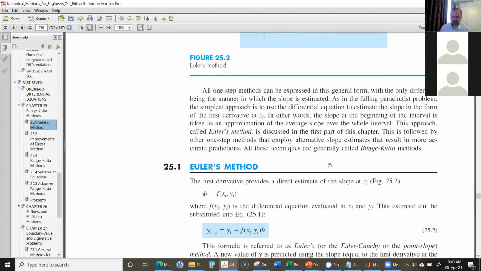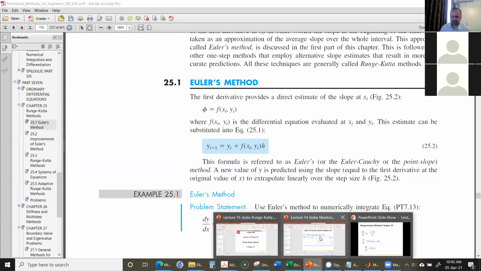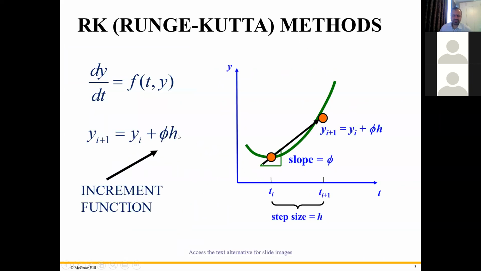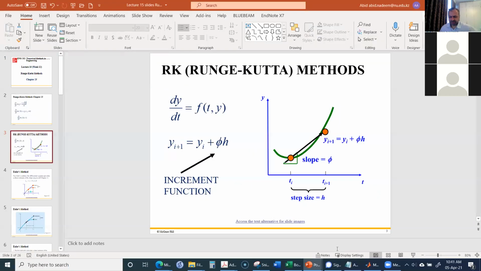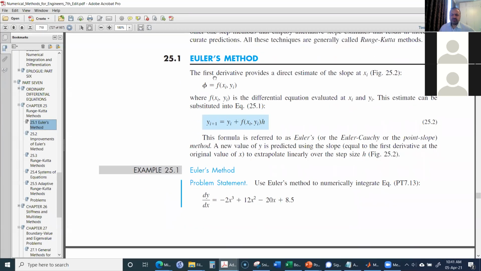Runge-Kutta methods. So in the Euler's method approach, what we see is that the first derivative provides a direct estimate of the slope at xi.